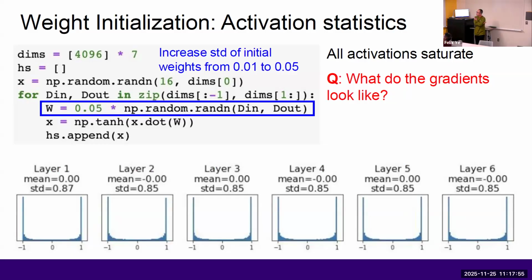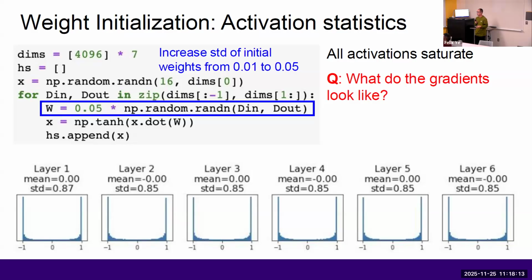Actually, it looks like this. The gradient no longer has small variances, and the output of the layers is no longer concentrated at 0.